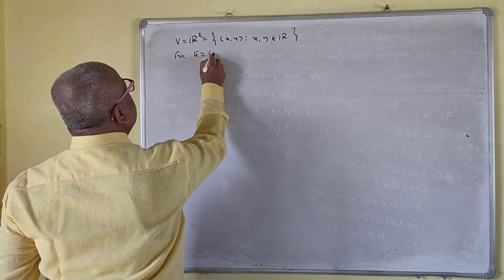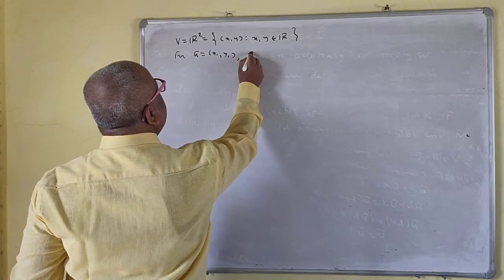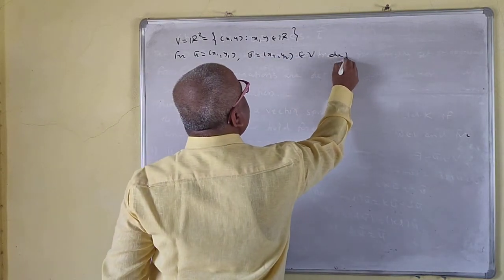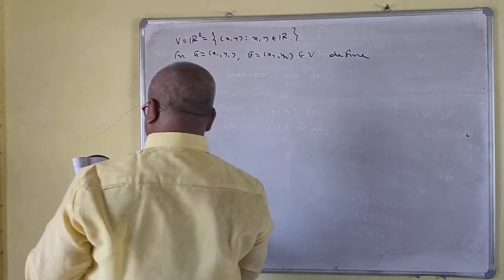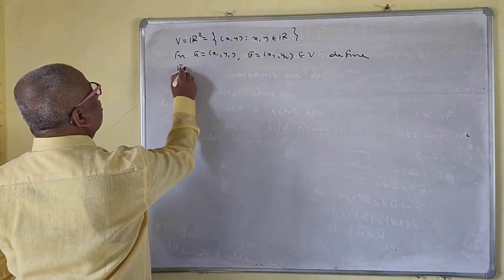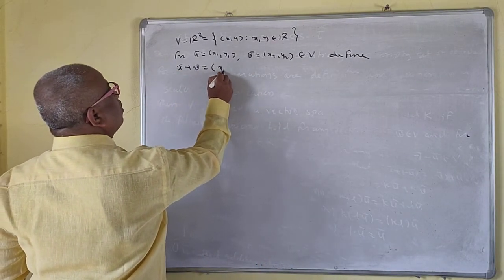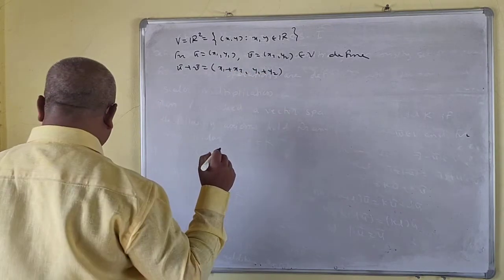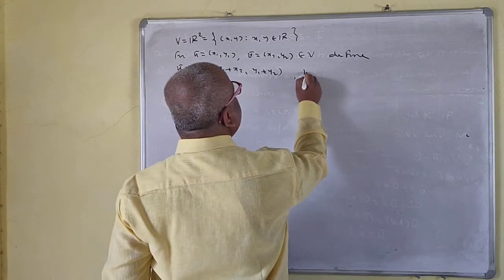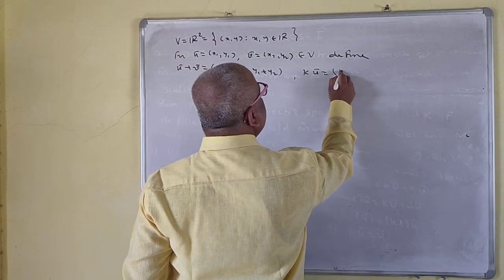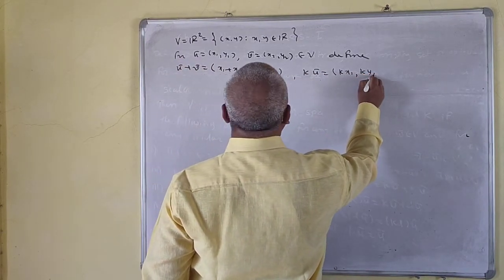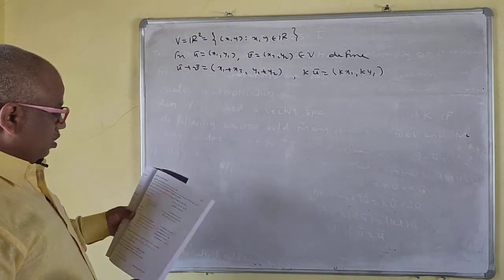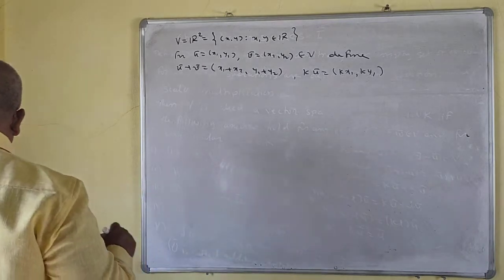For u bar equal to (x1, y1) and v bar equal to (x2, y2) belonging to V, define u bar plus v bar equal to (x1 plus x2, y1 plus y2), and k into u bar equal to (k x1, k y1).